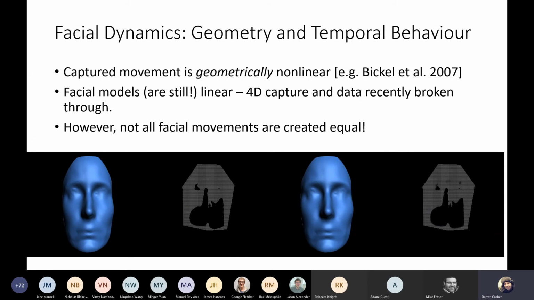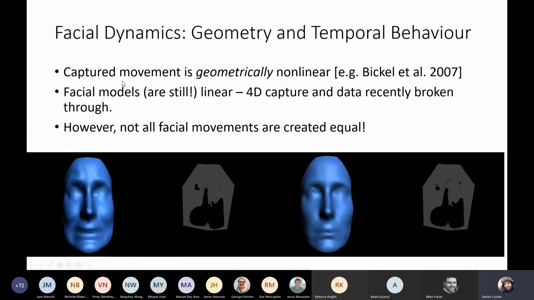Every expression in the model, when it's layered onto the model, is combined in a linear way, and the movement, like the smile, is morphed towards in a linear way as well. Whereas in fact, the face moves in a non-linear way when you form an expression.